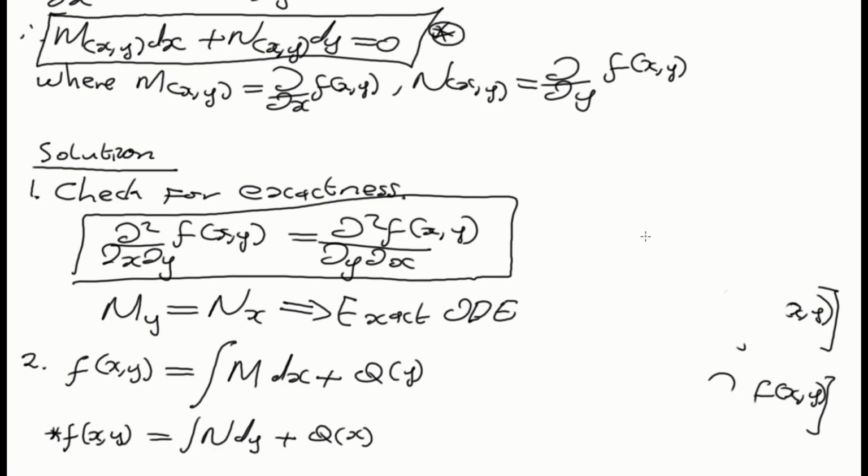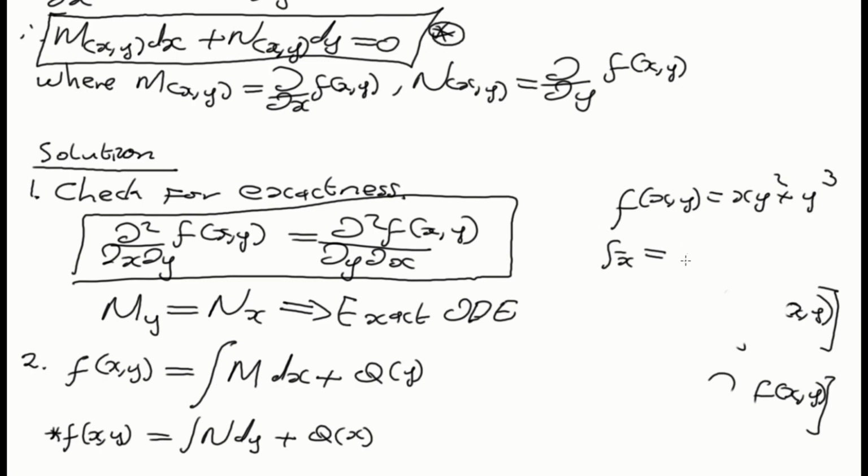Take for instance, say we have a function f of xy equal to x y squared plus y cubed, right? When we are performing the partial derivative here with respect to x, y will be constant. So a term like this will be lost completely in the partial derivative with respect to x, which is this M function that we're integrating. We will never recover it.